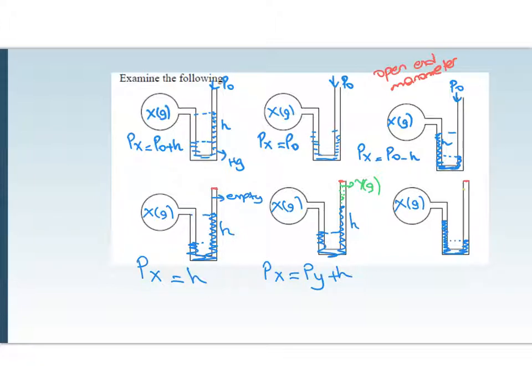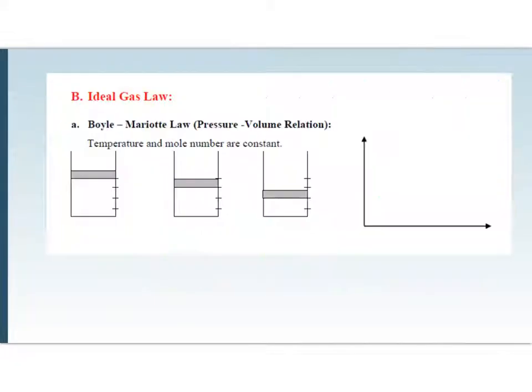In this case, let's say that you have a Z gas here. So pressure of X will be smaller than Z. So this is how we do the quantitative calculations for manometers.